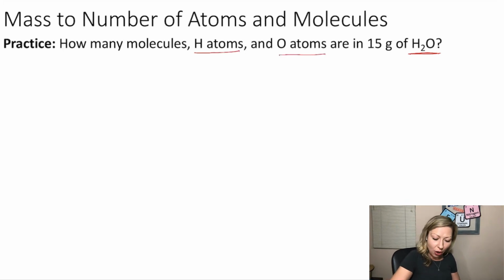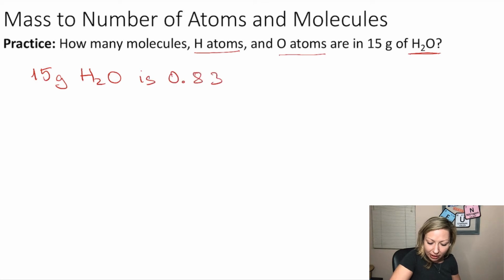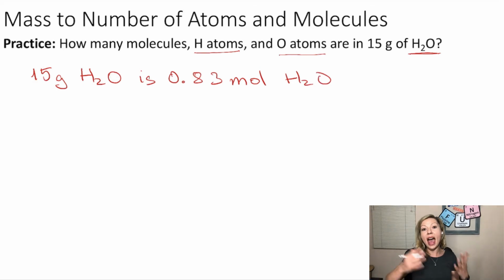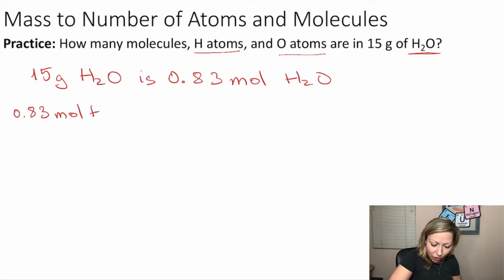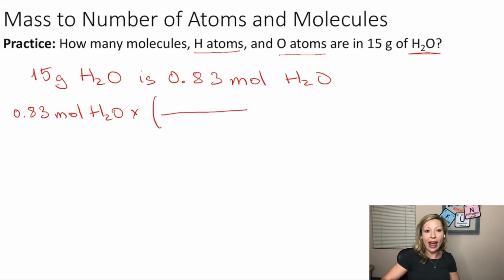We already know that 15 grams of H2O is 0.83 moles of H2O. So now I have to convert the number of moles into the number of molecules first. If I have 0.83 moles of H2O, I can set up again a conversion factor.